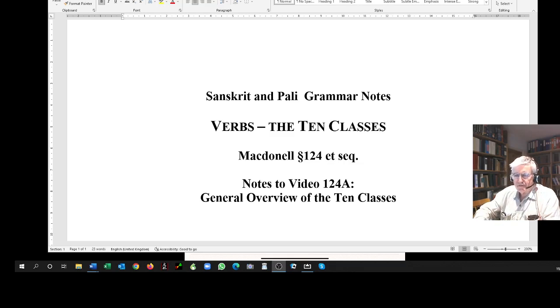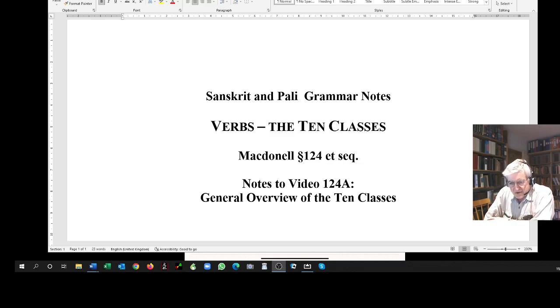Now, the first thing to remember about these 10 classes of verbs in Sanskrit is that this classification into 10 classes applies only to 4 of the tenses, not all the tenses. I mean, it applies to by far the most frequently used ones, so you really do need to know these. They being the present, the imperfect, the imperative, and the optative.